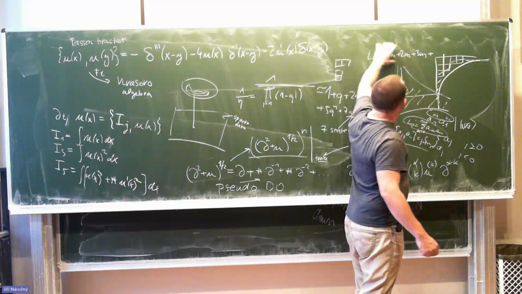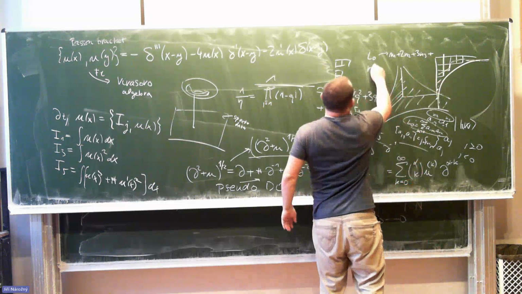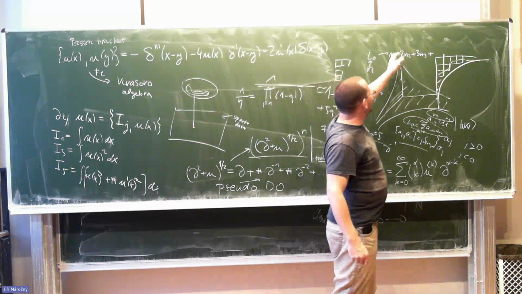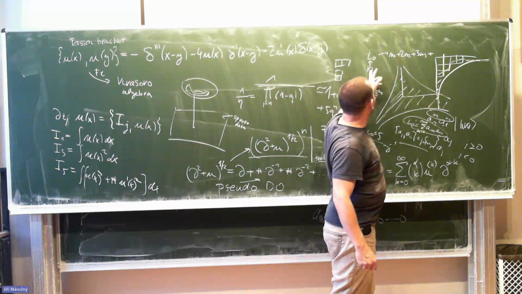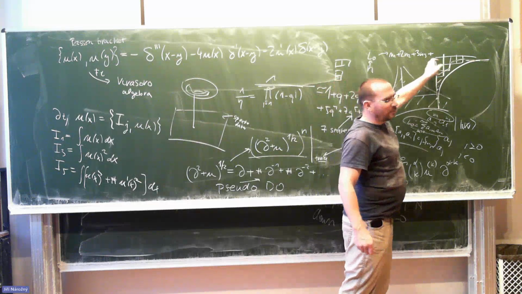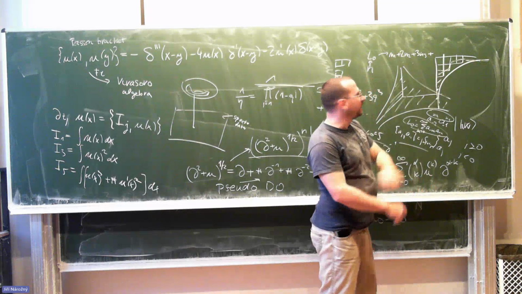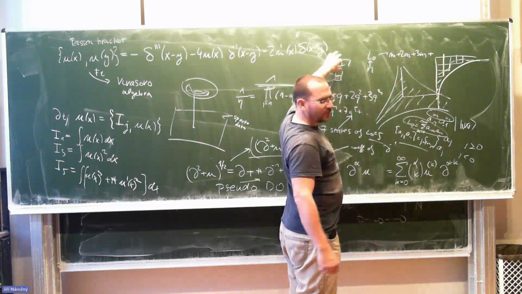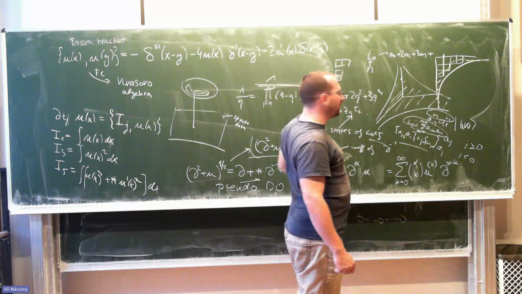Okay, and now counting. If you fix the eigenvalue n of L0, you are asking in how many ways I can write n as a sum of positive integers, like how many ones, how many twos, how many threes, and so on. And that is something that you can write as Young diagrams.